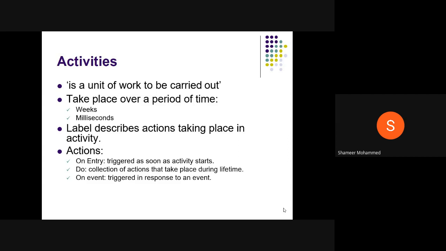That is an event. What will happen when you press the send button? It will generate a response. That is nothing but your event. Exit will take place when you are completing the activity. When you are totally out, finished, then you exit.